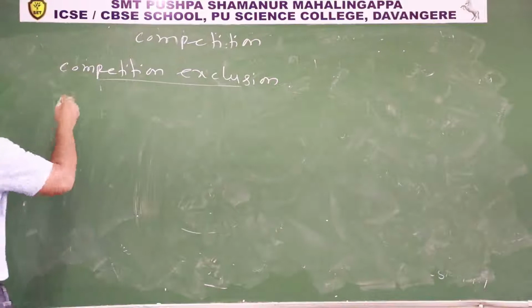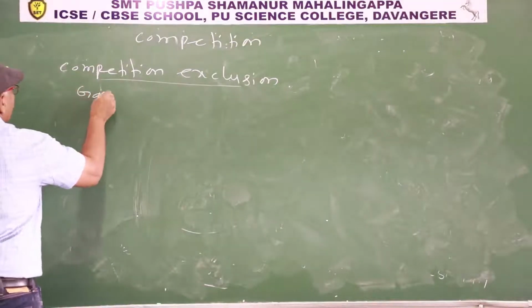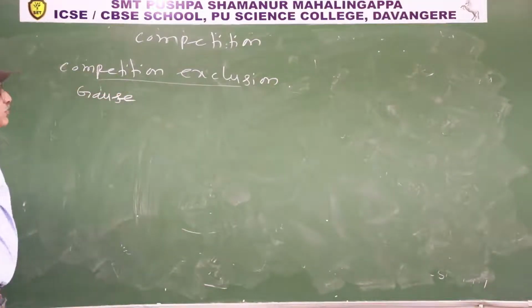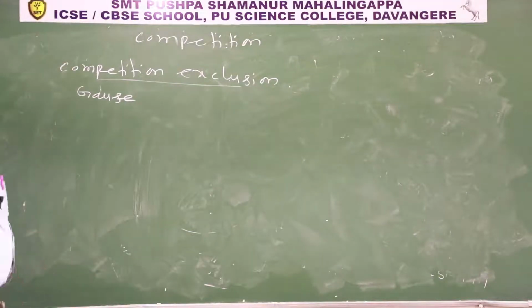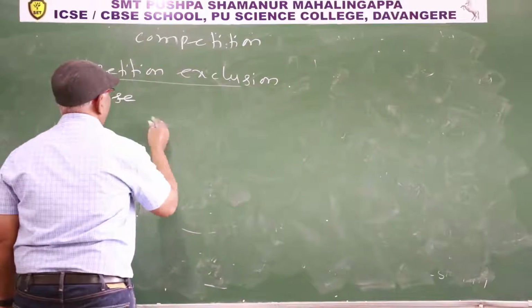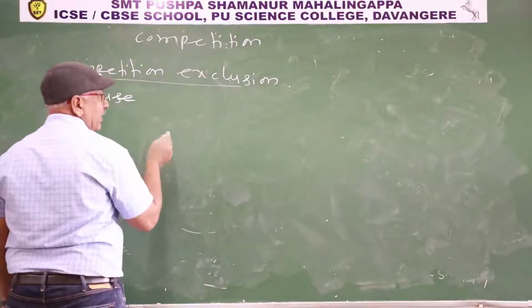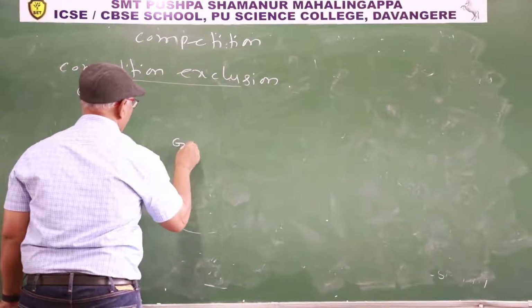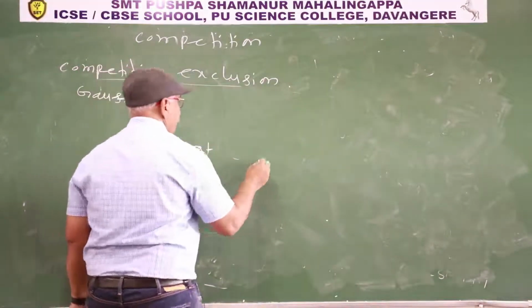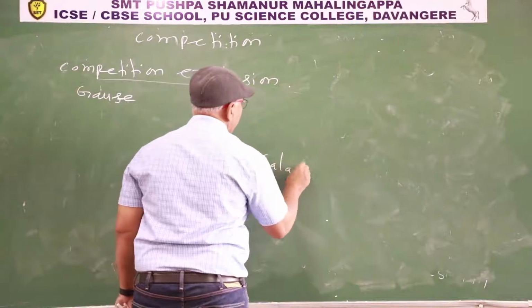Gause first explained this. Gause is the name of the scientist. Gause explained competitive exclusion. Gause et al., meaning he and his co-workers, introduced goats in the Galapagos Islands.